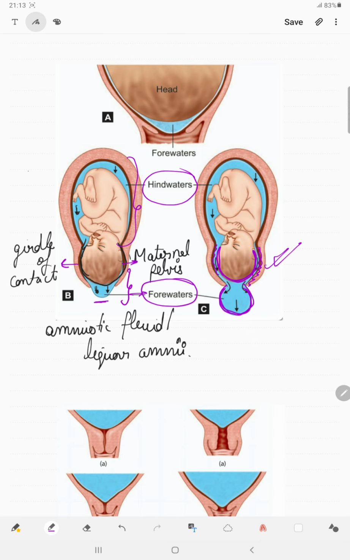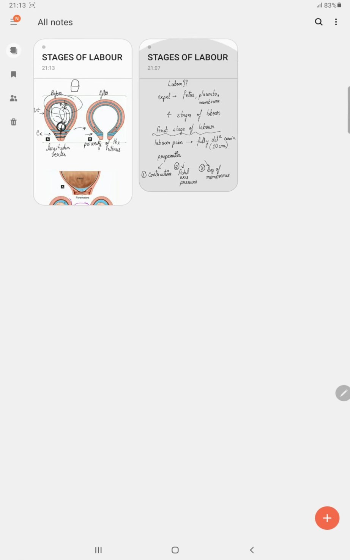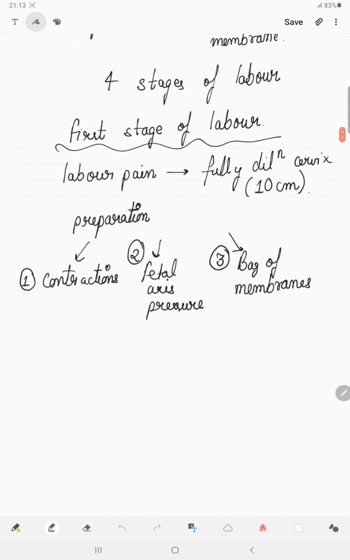Let's move ahead. So we have talked about the contractions, the fetal axis pressure, and the bag of membranes, right?